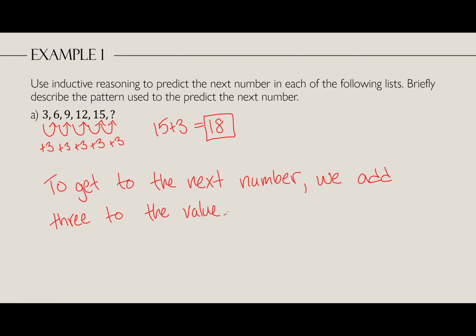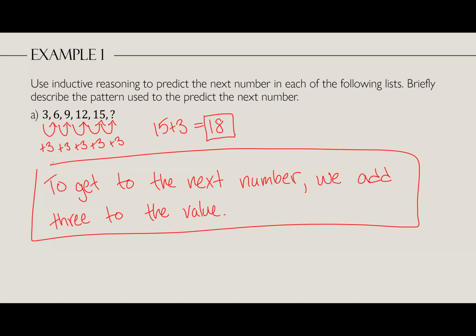Just something where it's very clear and more than just me saying plus 3 each time. All right, so I have my prediction and my number. And this finishes off part A of our example.